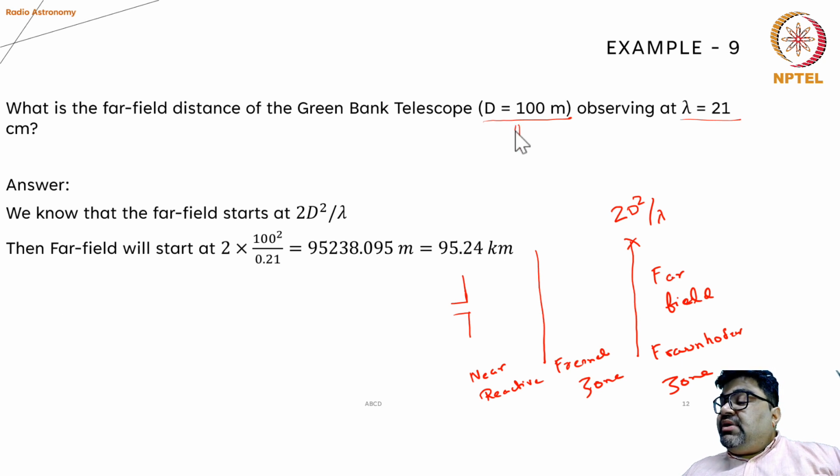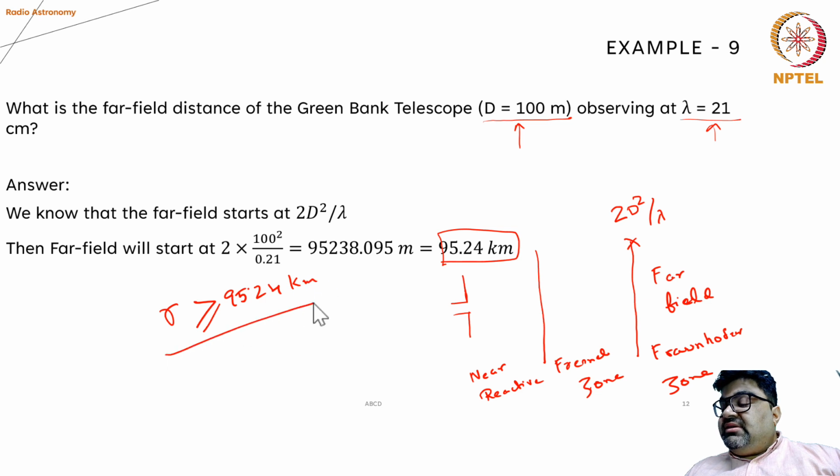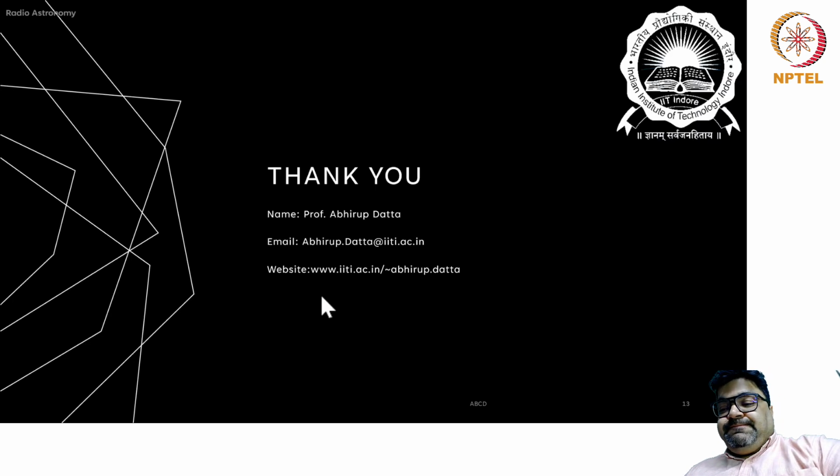So d equal to 100 meter and lambda is also equal to 21 centimeters. So if you put that, you find out that this boundary is 95.24. So any r which is greater than 95.24 defines the far field. Kilometers, of course.